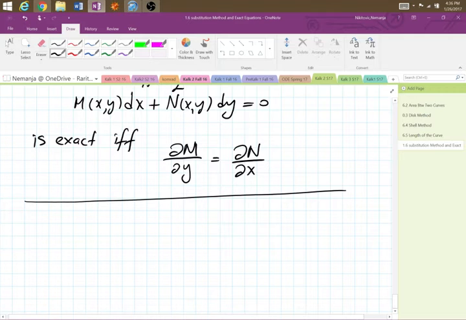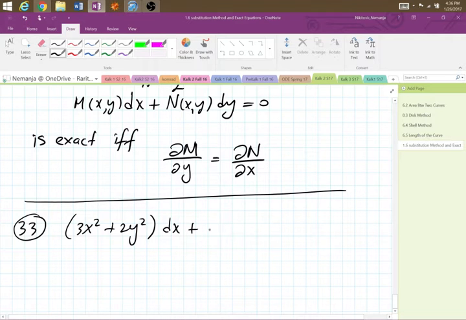So let's take problem, I don't know, 33 is fine, whatever. (3x squared plus 2y squared) dx plus (4xy plus 6y squared) dy equals 0.